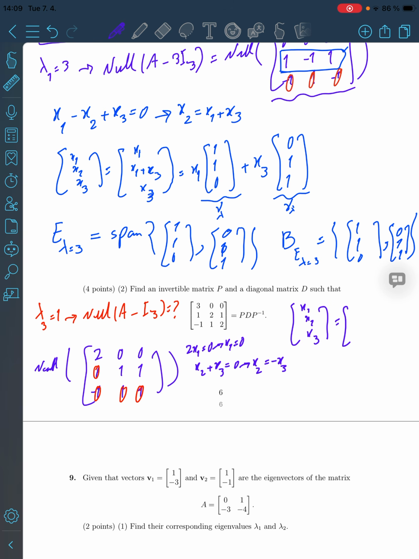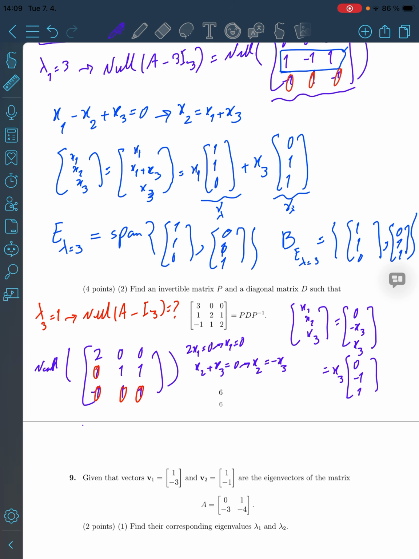Okay, x1 is 0, x2 is equal to negative x3, and x3 is equal to x3. So therefore I can factor x3, and then what I have is 0, negative 1 and 1.